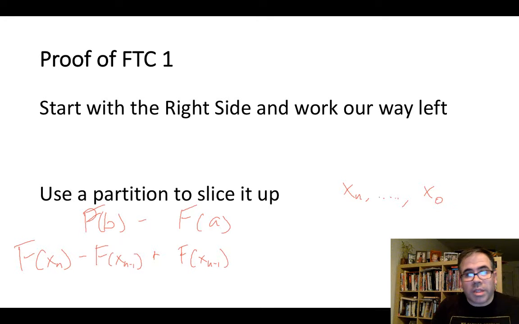Well, we can keep doing that. Minus f of x sub n minus 2 plus f of x sub n minus 2. We can just keep doing that all the way down until we get f of x2 minus f of x1 plus f of x1 minus f of x0.